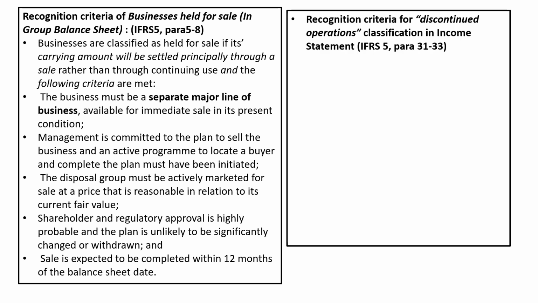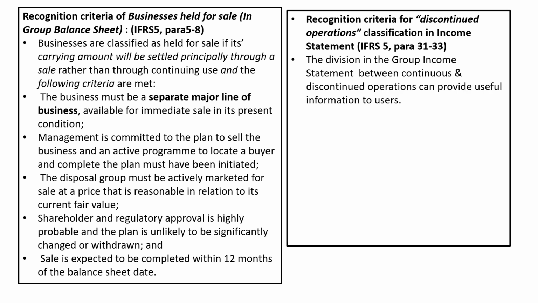We'll also look now at the recognition criteria for discontinued operations classification in the income statement. The division in the group income statement between continuing and discontinued operations can provide useful information to users.